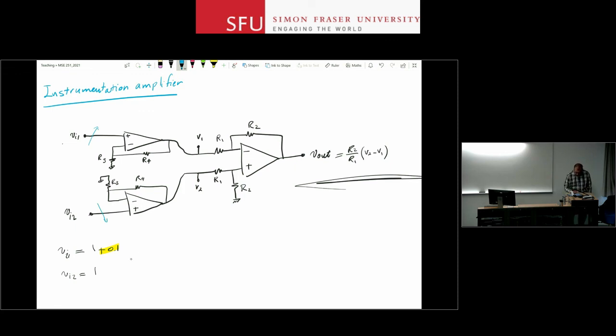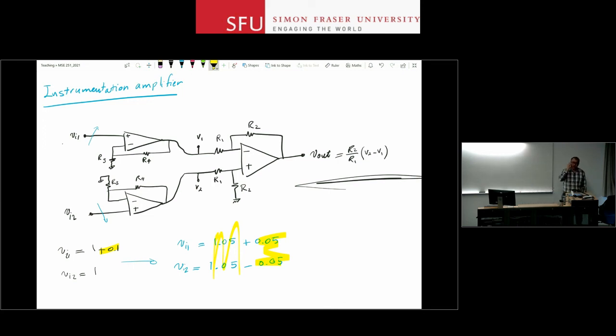So the way to rewrite this as a sum of the differential and common mode signals, you can say that VI1 is 1.05 plus 0.05 and VI2 is 1.05 minus 0.05. So you have a common mode part that is this part, and you have a differential part that is this part, right? The parts that are moving in opposite directions are this little one over here.